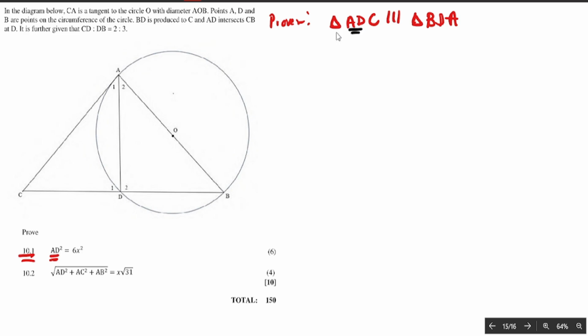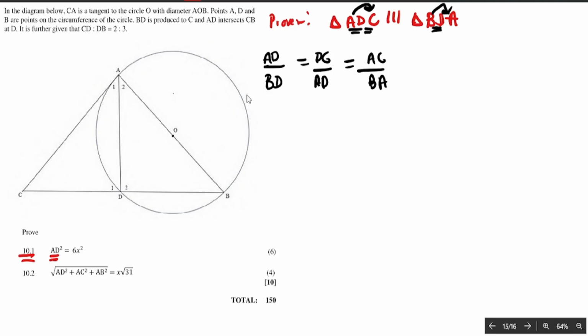So AD divided by BD is equal to DC divided by AD, which is equal to AC over BA. Fine. So now this is the ratio coming from the similar triangles proof.